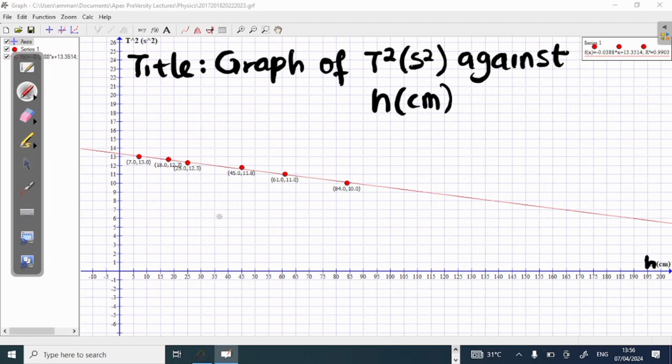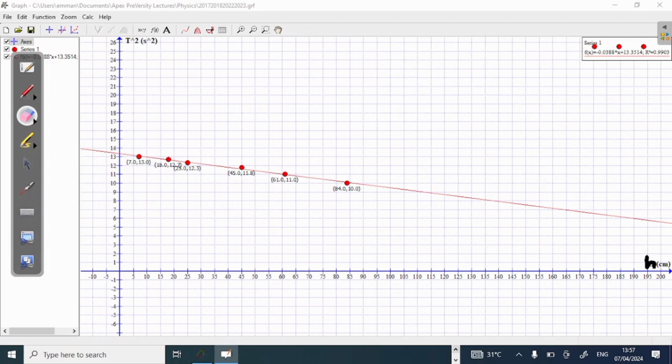So what's the next thing here? My next task is to get a scale. Don't forget, every graph must have a title and a scale. So I've gotten my title here. Let's now get the scale of the graph. So next up, scale used. My scale used now will be: let from this point here to this point is 1 unit.